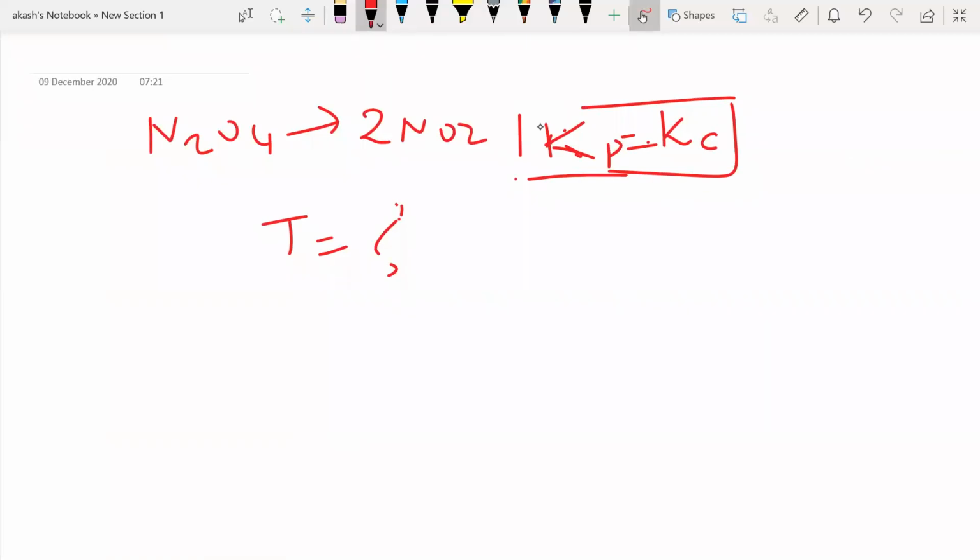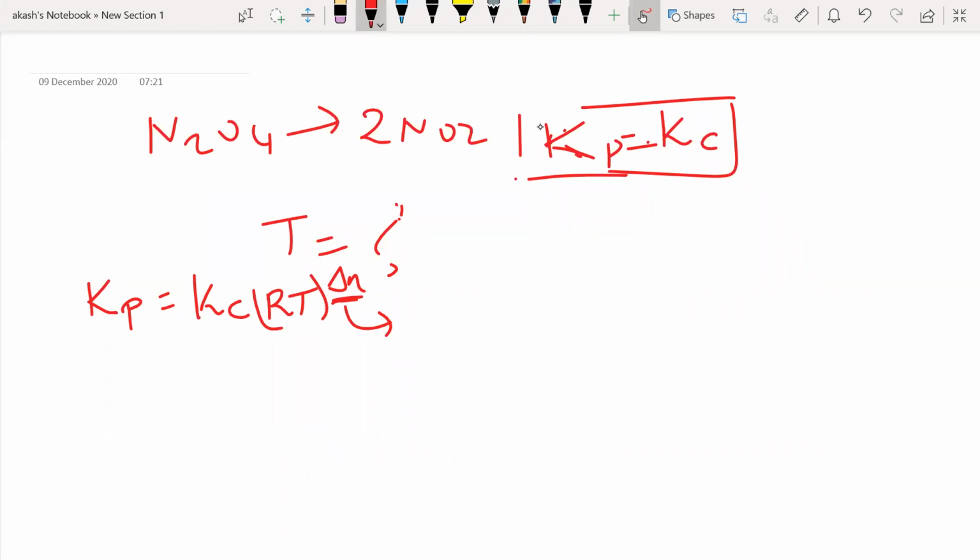So Kp is equal to Kc (RT) power delta N. This is the equation. Delta N, we know how to find: delta N is equal to the total stoichiometric coefficient of products minus the total stoichiometric coefficient of reactants.